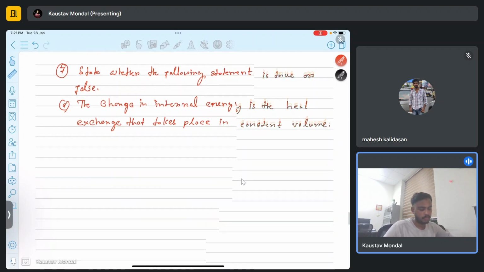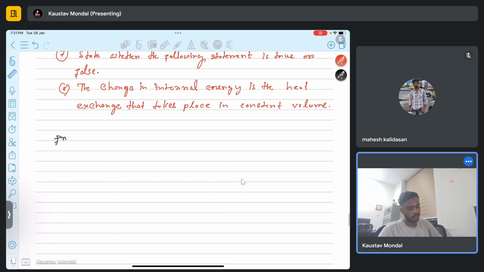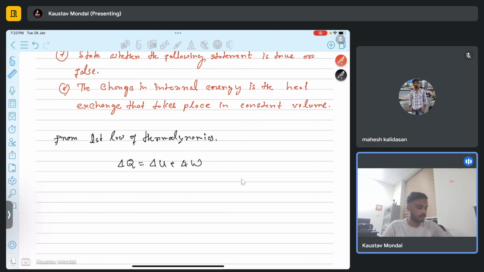So we know, from the first law of thermodynamics, dU, let me write it in delta format, delta U equals delta Q minus delta W. Now delta W we all know, this is basically the work done.